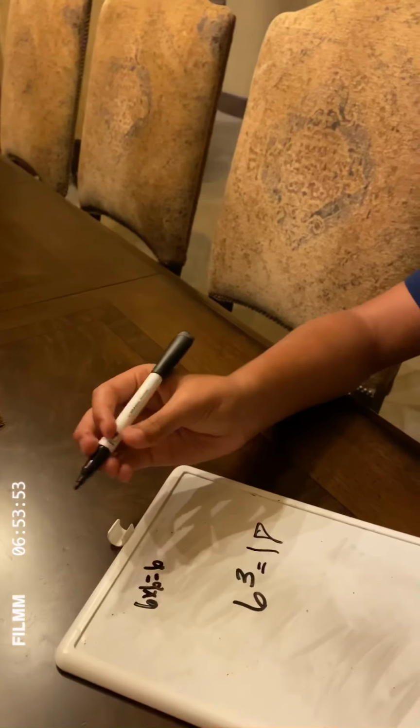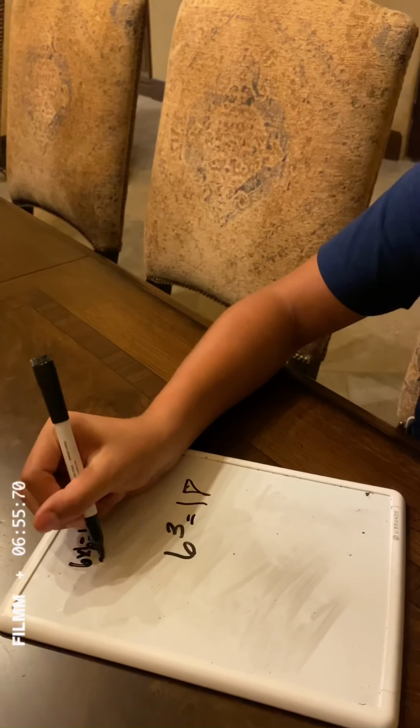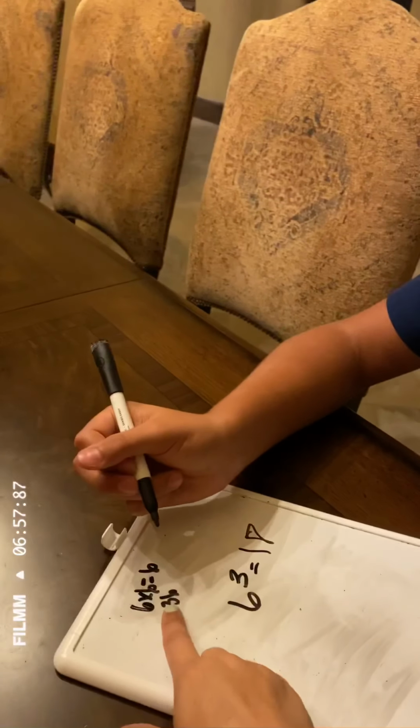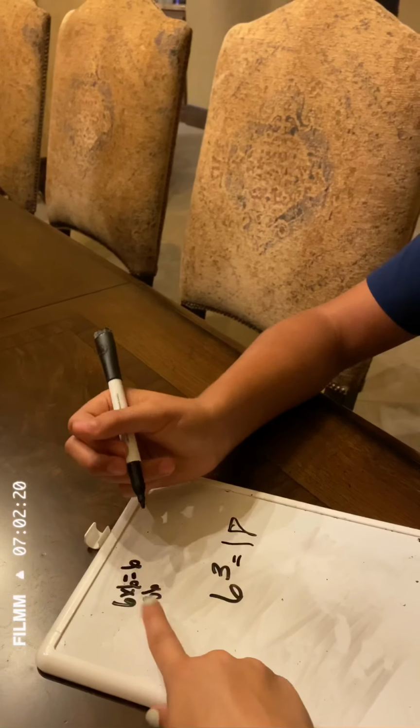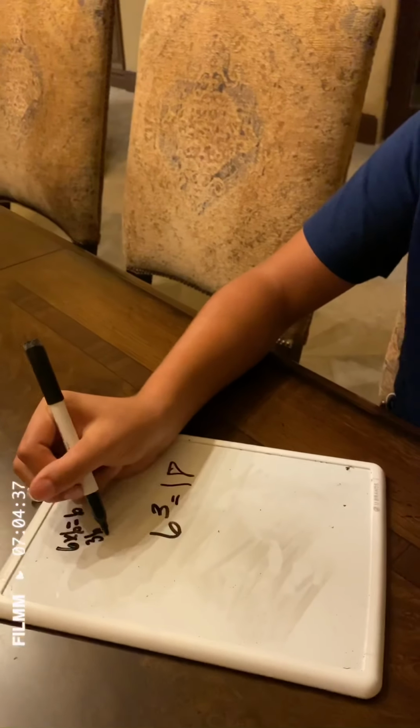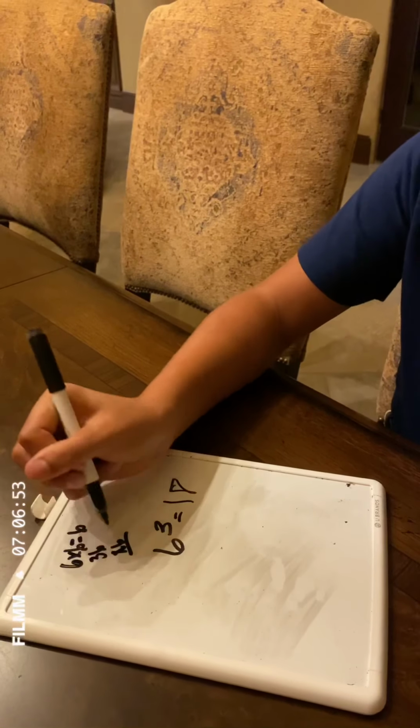Okay, so what would be 6 times 6? 36. And that answer alone is already greater than the answer we came up with, right? So we have 36, but then we also have to do something to that number. You have to multiply it by 6.